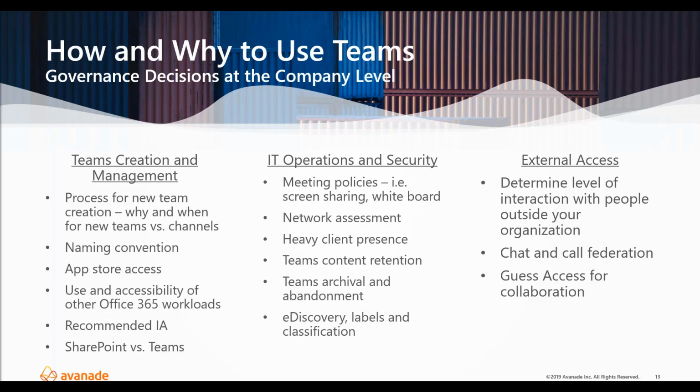And then with external access, I'll just say really quickly, I've worked with a lot of different organizations that have varying levels of configuration with their external access. Some have shut it off completely, and that's totally fine. Some have allowed for chat and call federation, but you're not allowed to invite an external user into the team to collaborate.